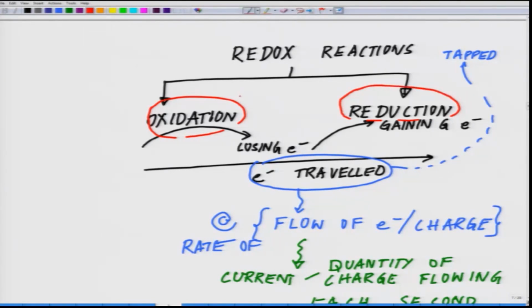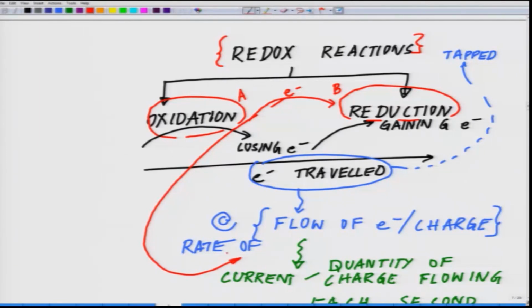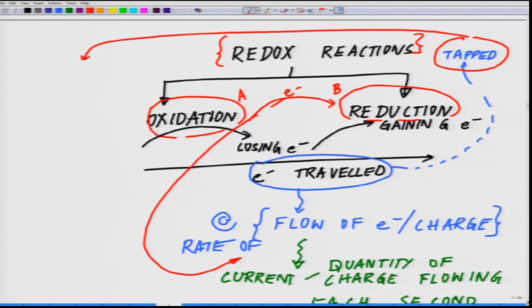If I call this A and this B, and there is an electron transfer taking place, which is essentially a redox reaction, this electron transfer could be evaluated as flow of current across these species and could be tapped, as I mentioned, for energy harvesting.